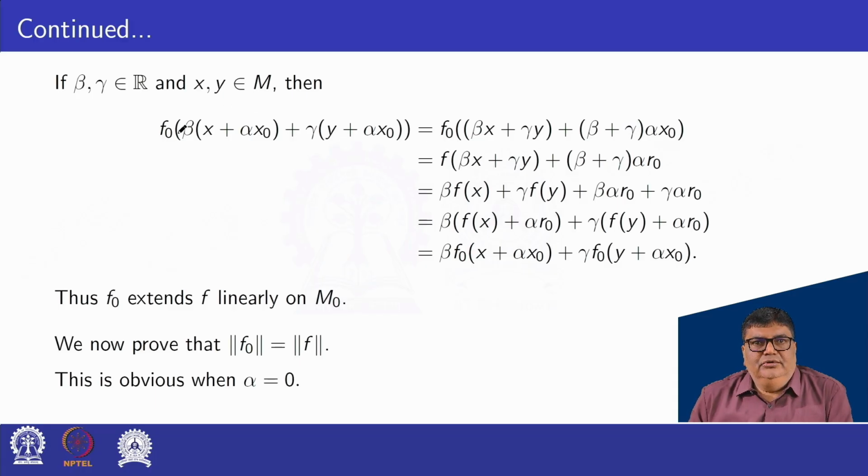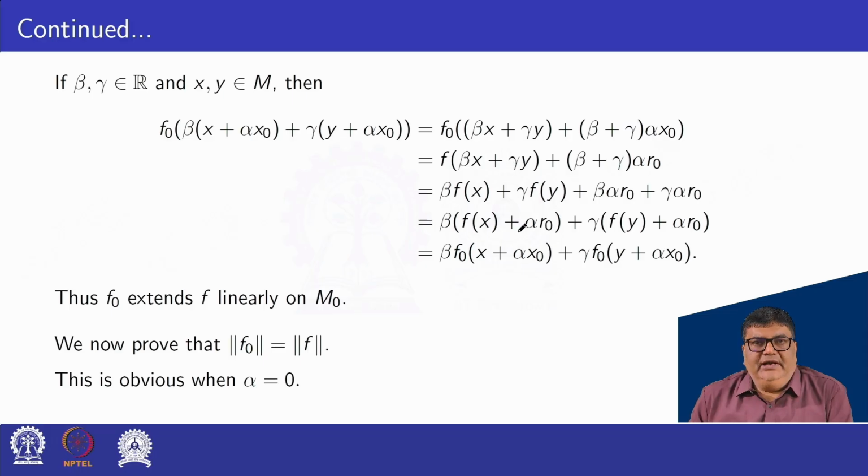So this equals f0 of beta x plus gamma y plus beta plus gamma alpha r0.